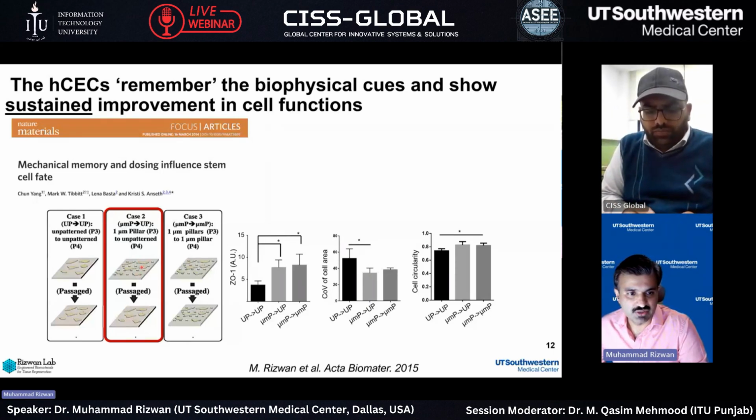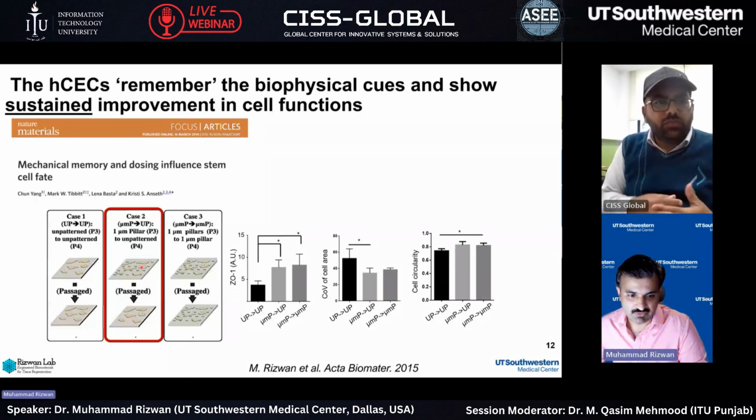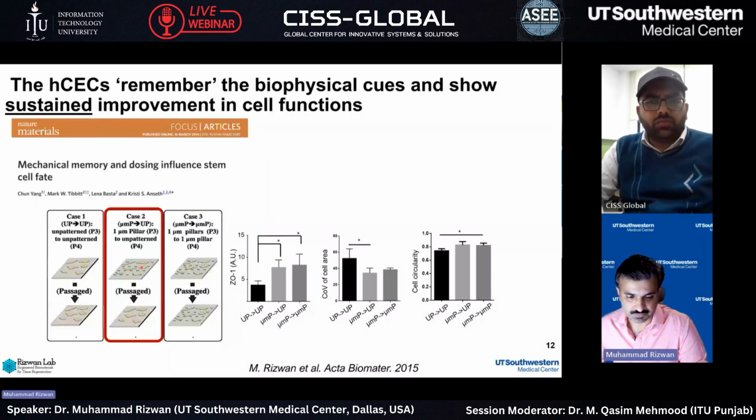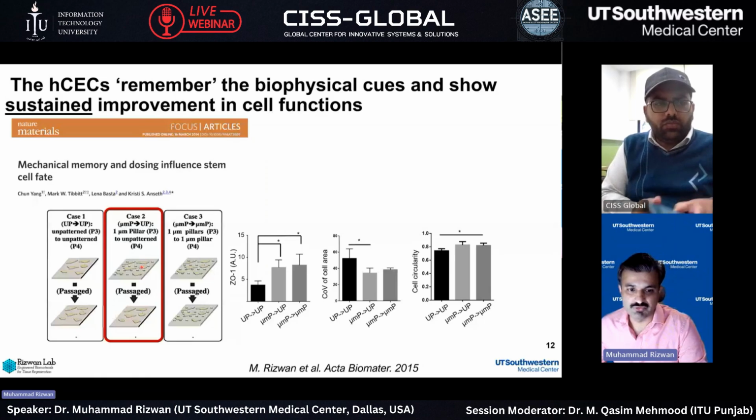In my lab now, we have actually gone further and we have started looking at cells which are freshly isolated, and we compare those cells with the cells that are cultured on plastic for almost 28 days. Now remember, plastic is a very hard surface compared to a human cornea. And by now we know that the mechanical environment strongly influences cell functions.